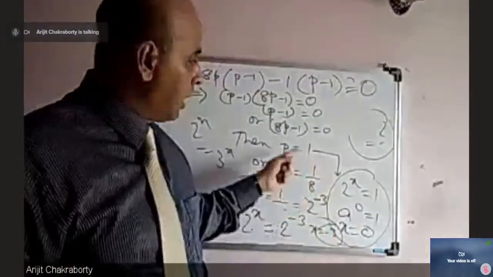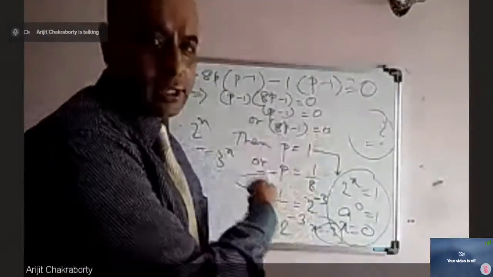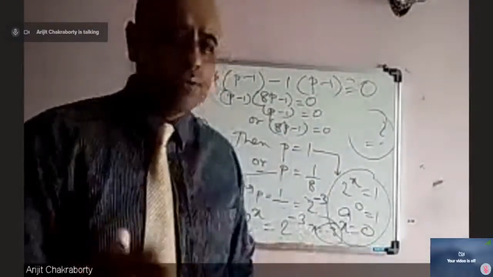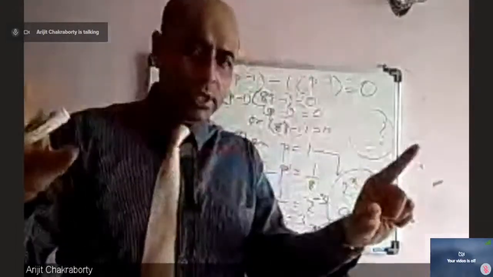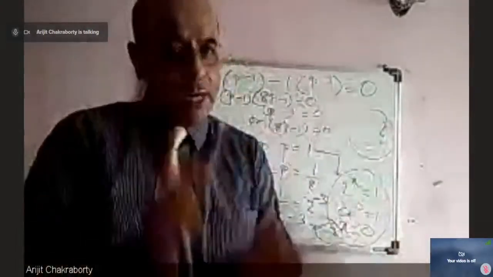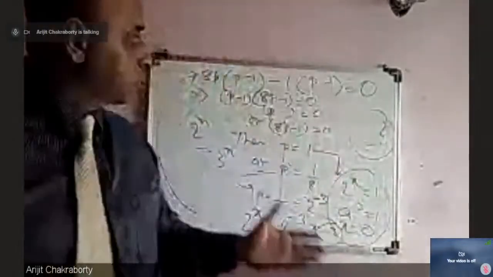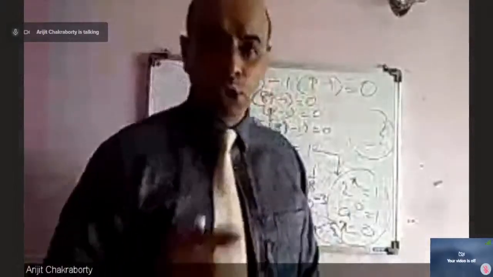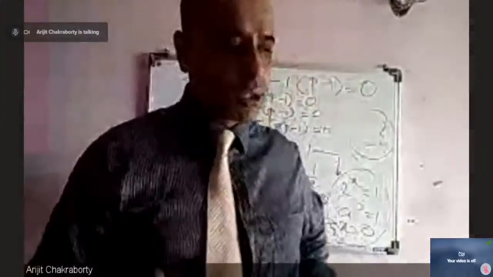Apply this: assume 2 to the power x equal to p. The moment you assume it, the entire expression will become a quadratic equation, and you can split the middle term and get the solution. So it's a very beautiful problem. Once again, I request you to keep a note of it: page number 2.20 of the study material, exercise F, question number 2.